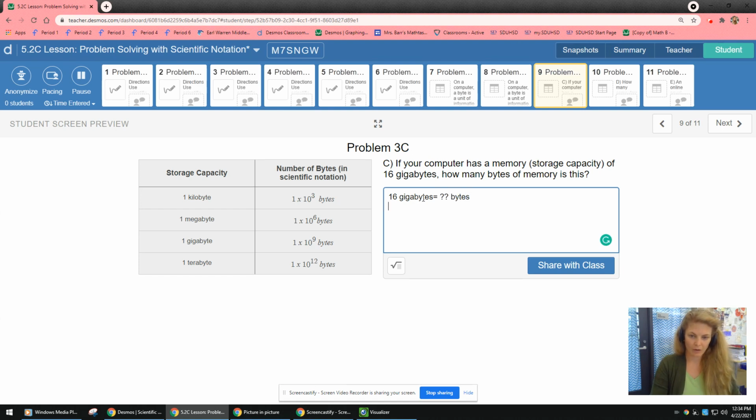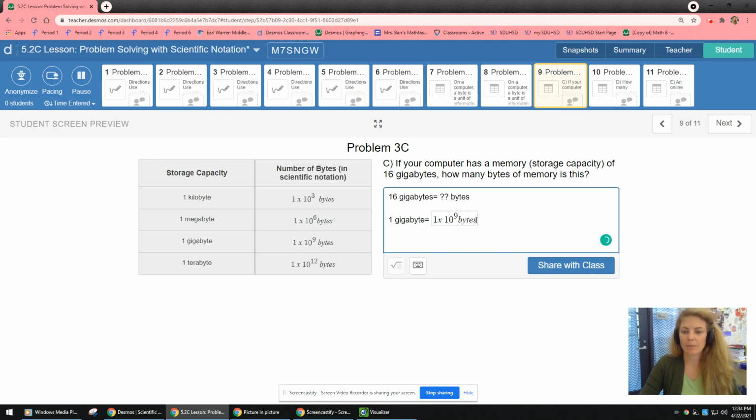Well, we know that 1 gigabyte is equal to 1 times 10 to the ninth, right? 1 gigabyte is 1 times 10 to the ninth bytes.